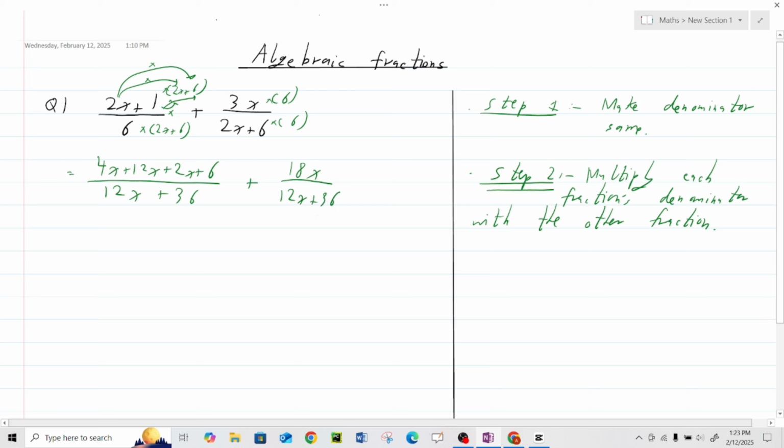Now, when the denominator is the same, next is step 3. Write denominators as 1 and add the numerators.